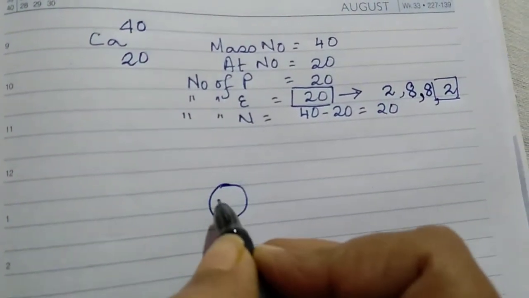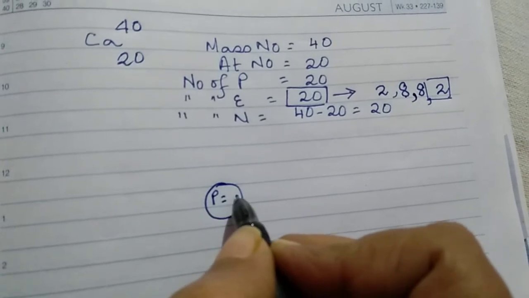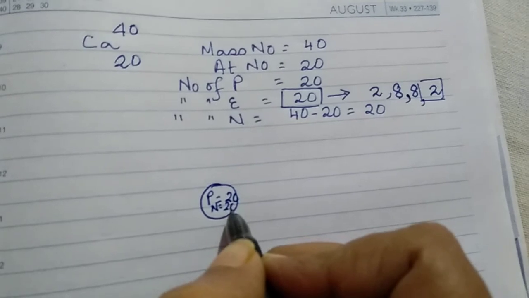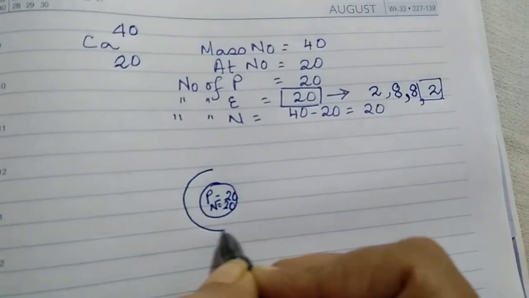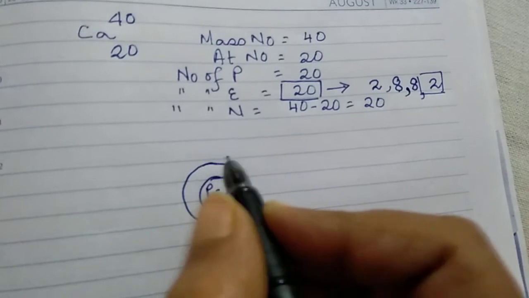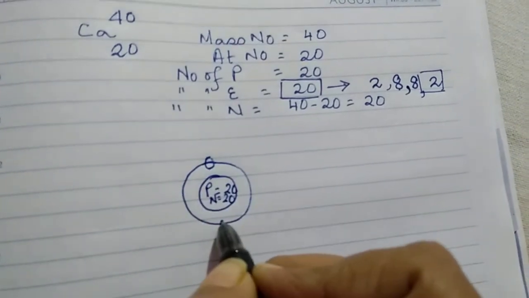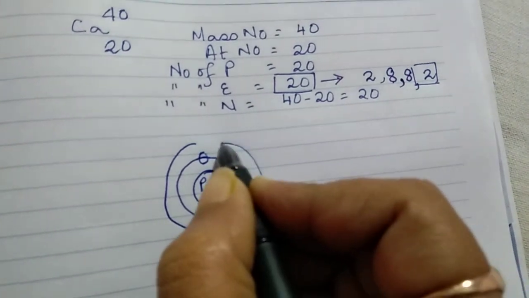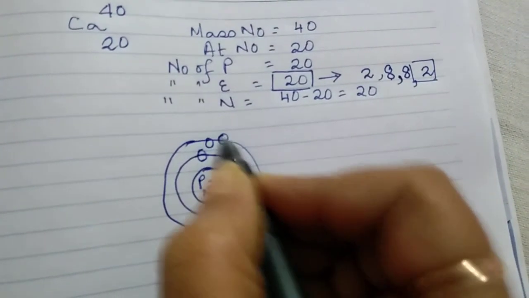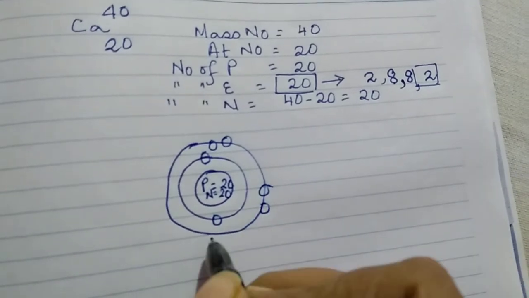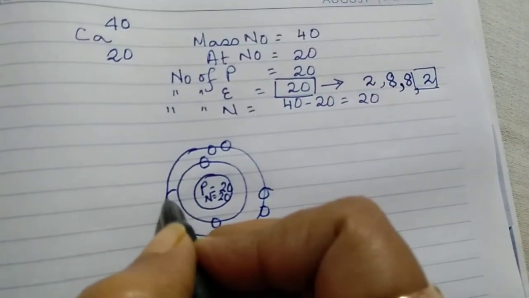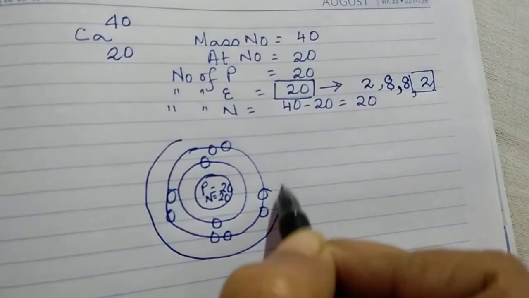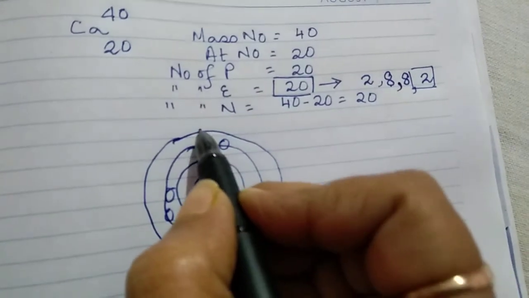So see, protons are 20, neutrons are also 20. So in the first shell 2, in the second shell 8, in the third shell also 8.